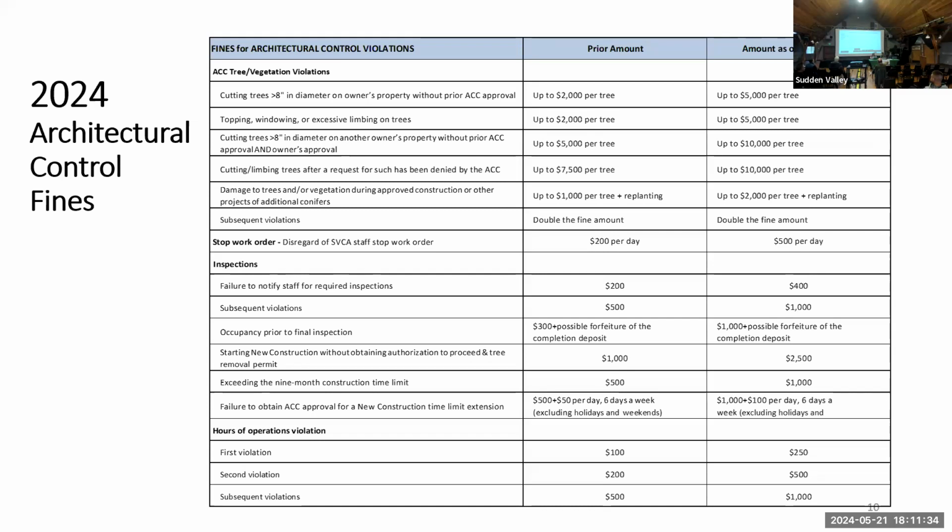First thing I'd like to point out is that our goal is to not fine anyone, not to fine a single builder. Unfortunately, many of the folks building here in the valley do not make themselves aware of the special rules and regulations that cover building within an HOA.